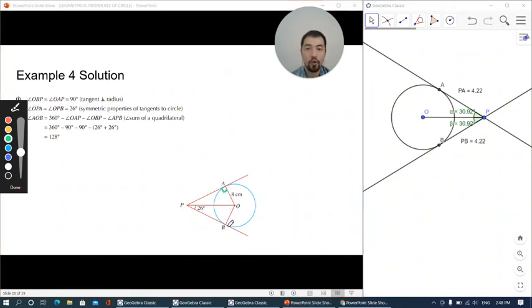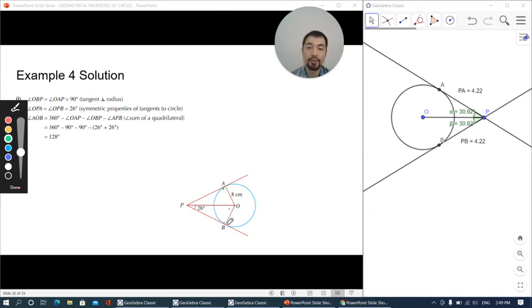OPB here is 90 degrees. And what else do we know? We know that OPB is 26, so OPA is also 26. So 26 right here, this is 90 and this is 90.